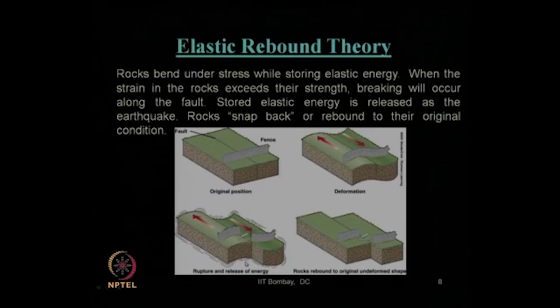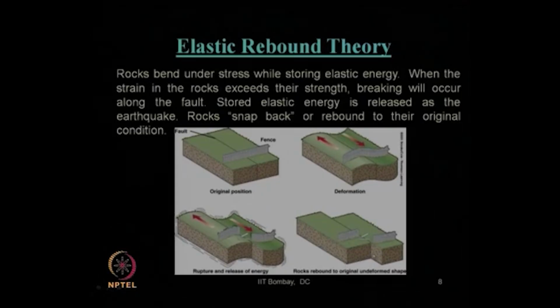Once they get ruptured, the energy stored inside the rock is released. Once it gets released, the final position of the rock will be another equilibrium condition, or it goes to the original condition of undeformed state of stress. So, here these are the deformed shape, and again it goes back to another undeformed state or shape.